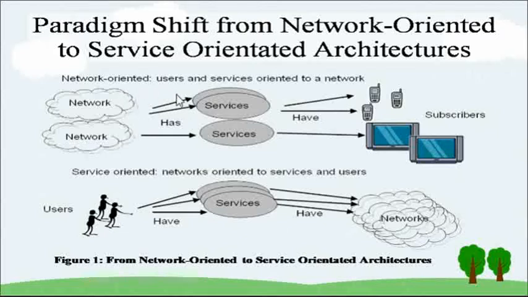The network had some services, and those services in turn were subscribed to by different users. But now the shift is taking place towards service oriented architectures, where users play an important role. They decide on the services, and in turn those services are provided by a set of heterogeneous networks. So this is the shift which we are talking about.